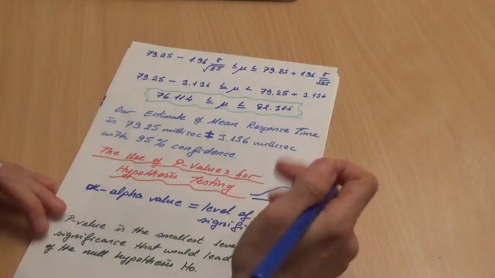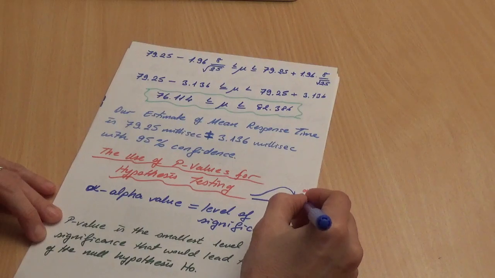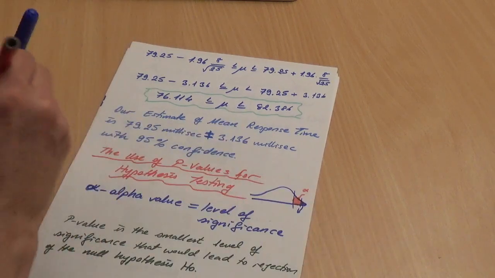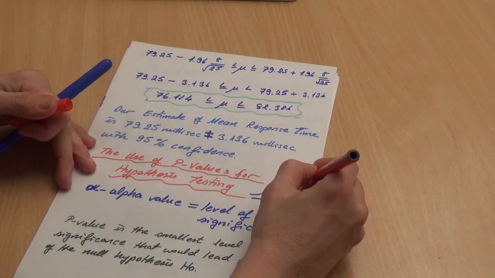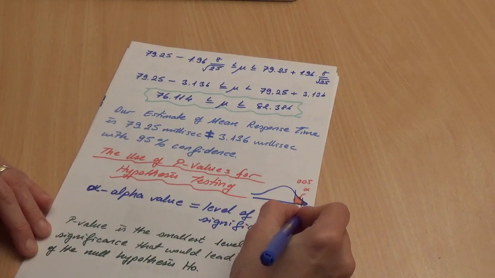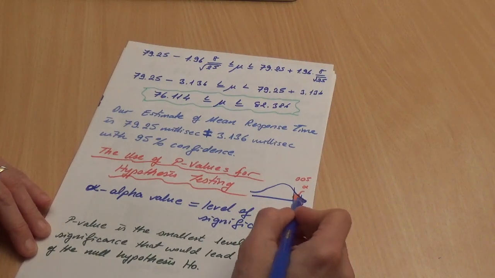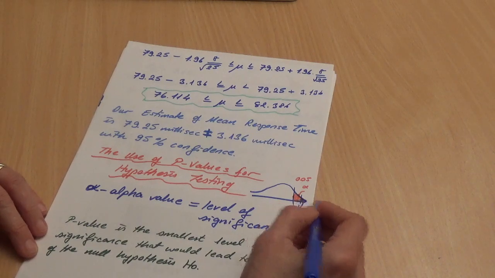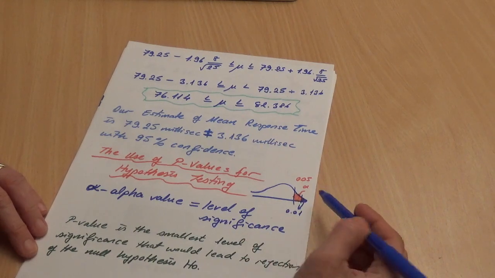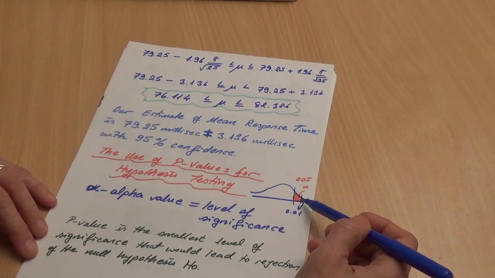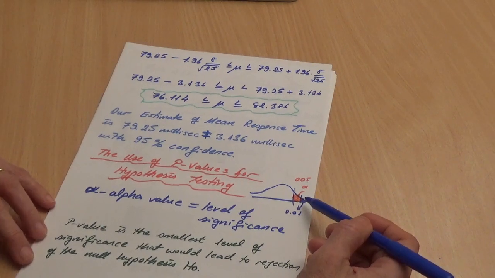If alpha is 0.05 and our p-value is 0.01, which is at the very right part, which is also at the rejection part, then we say that we reject the null hypothesis.